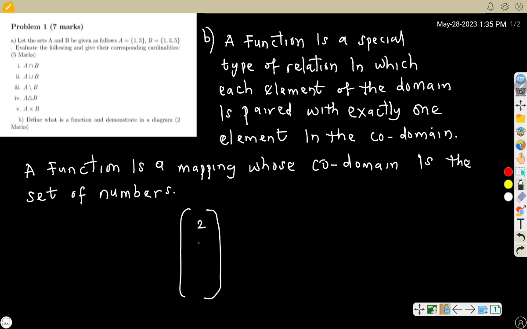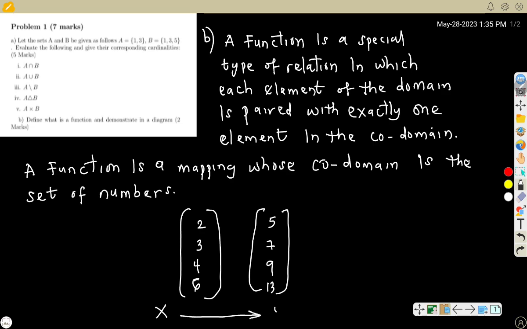So if this is 2, 3, 4, 6. So let's say this is 5, 7, 9, 13. So write x, y.